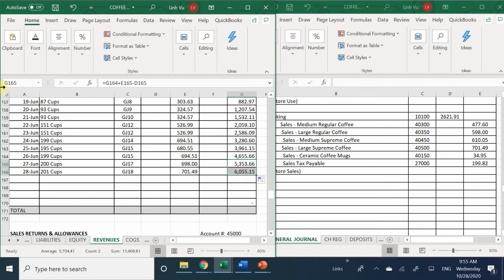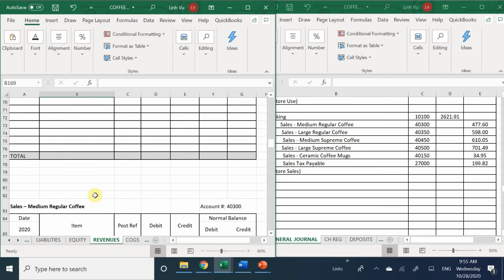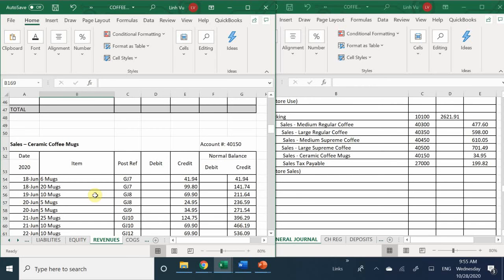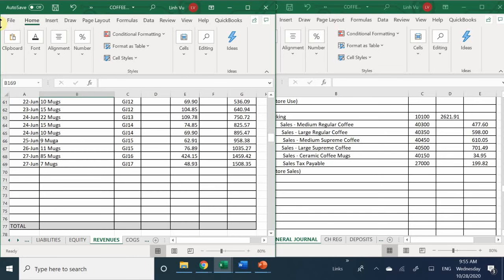And then we're going to go to our ceramic coffee mugs. I think it's this one. Ceramic coffee mugs. Good. And the date is 6/28. We sold 5. General Journal 18.